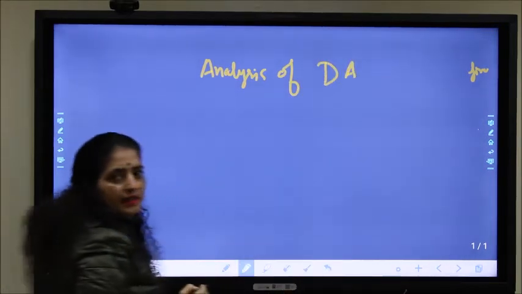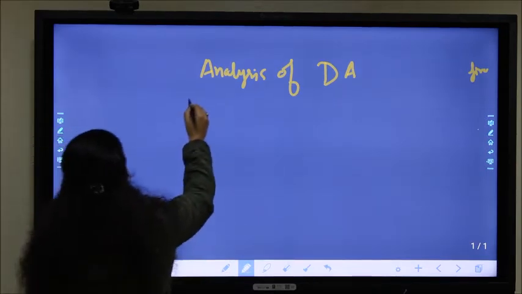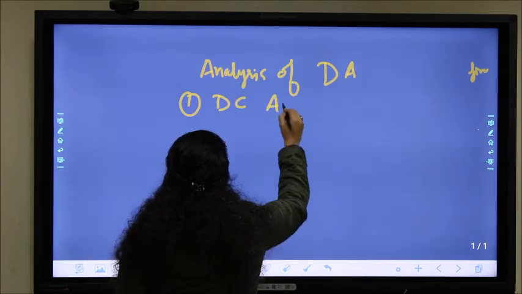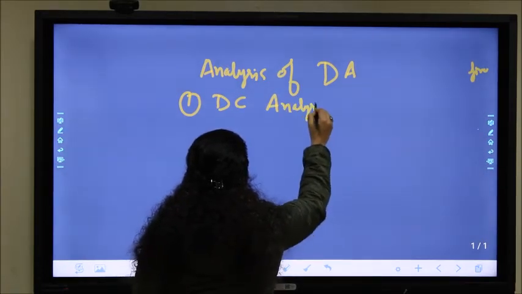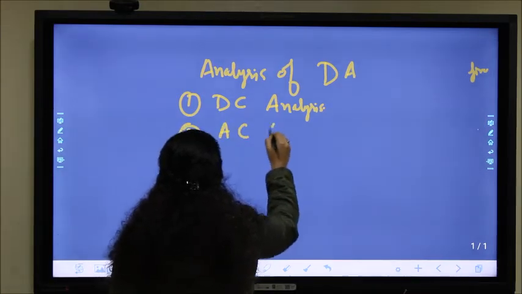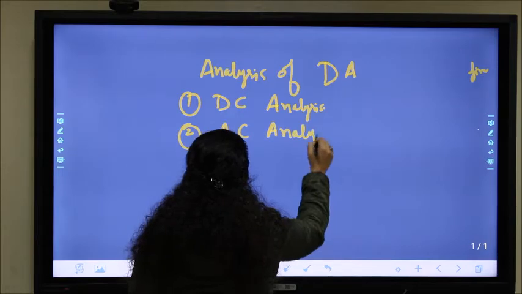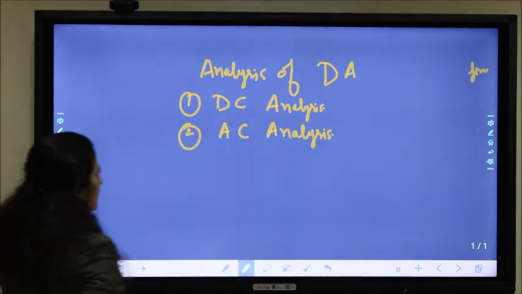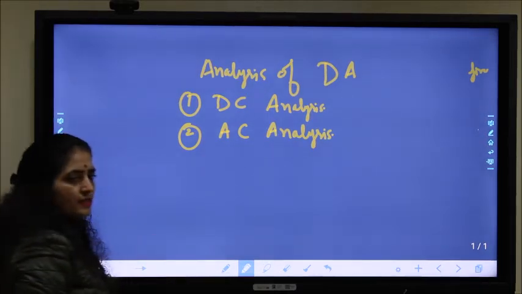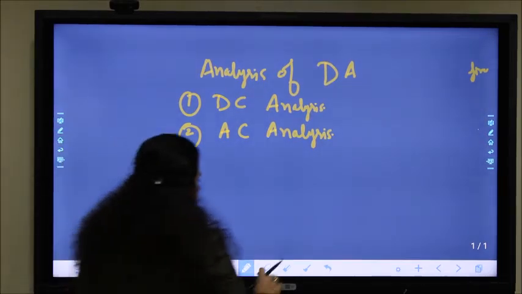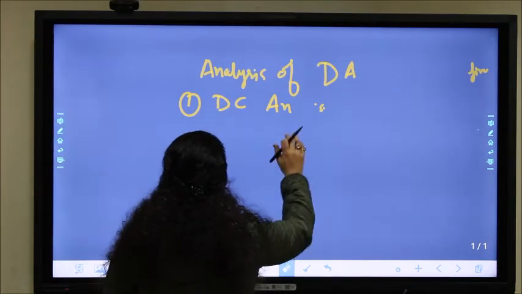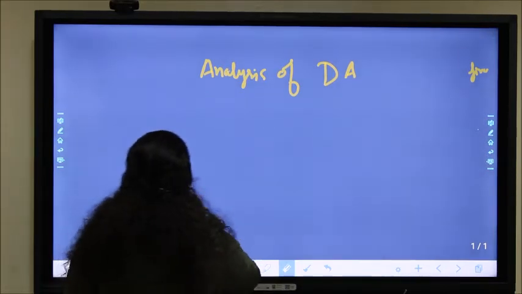There are two types of analysis of a differential amplifier. First is DC analysis and second is AC analysis. Now we will discuss them one by one. Let us first discuss the DC analysis of the differential amplifier.